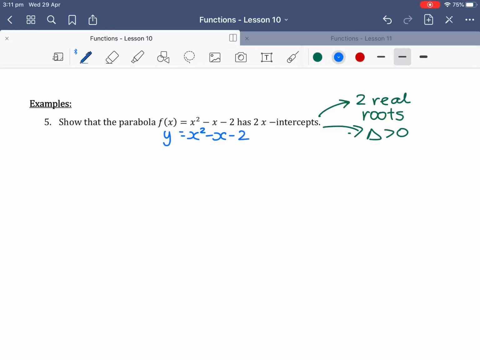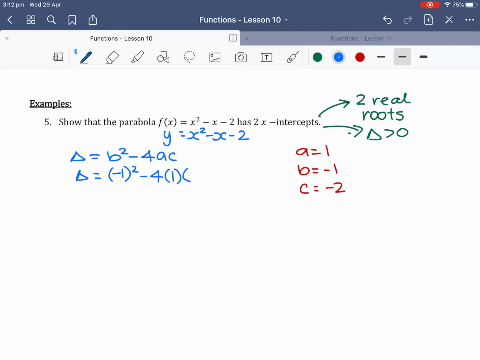So we want to find our discriminant, which is b squared minus 4ac, and we need to sub in our numbers. We have a equals 1, b equals -1, and c equals -2. So let's substitute them in. We have our discriminant equals b of -1 squared minus 4 times a of 1 times c of -2.